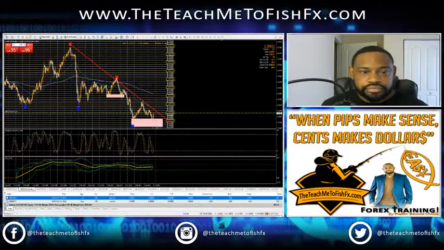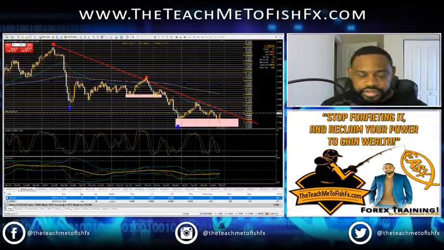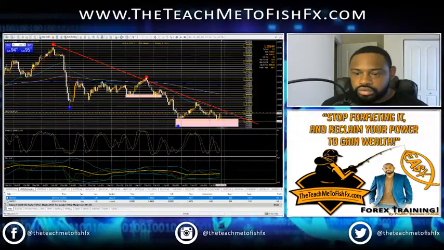And so kudos and shout out to those individuals who caught this price action, even on the monthly, who caught this price action of the market going up, because potentially you're looking at a total of 1,026 pips.